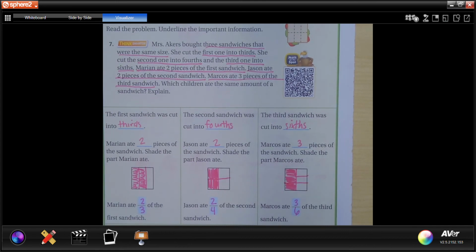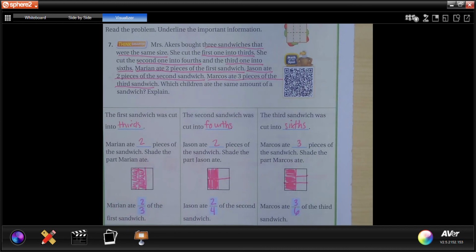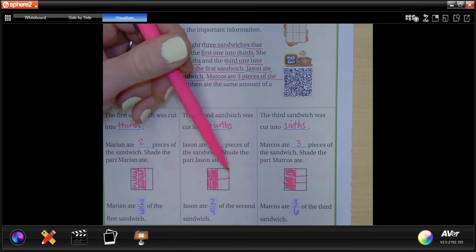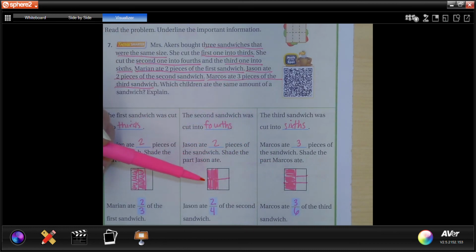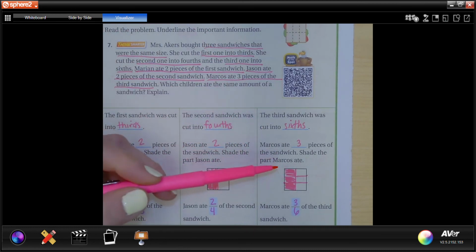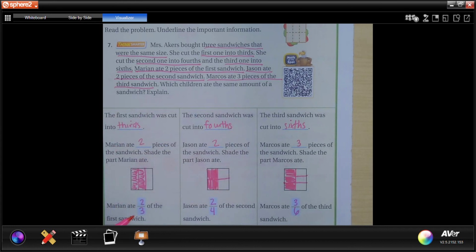Are all the fractions equivalent? Are these two equivalent? No, there's less of Marion's, right? So they are not equivalent. Which fractions are equivalent? Are Jason and Marcos equivalent? It looks like they both ate half of their sandwich.